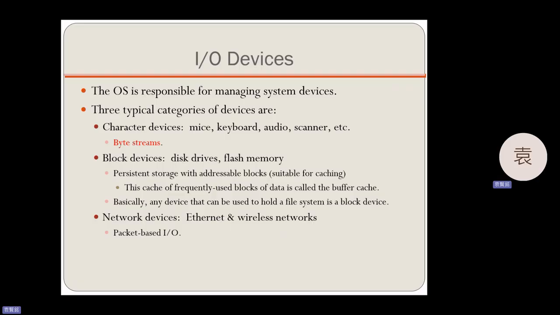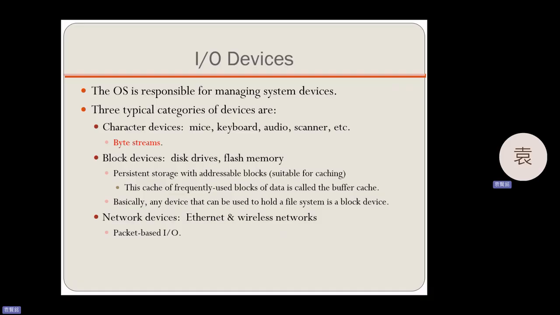Usually these devices can contain a file system and can store persistent data. Because they communicate with the system in blocks, not as a byte stream, blocks can usually be cached.